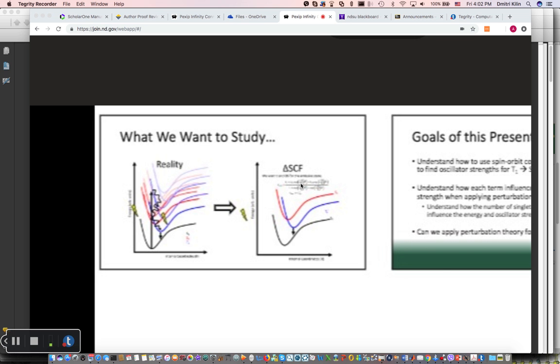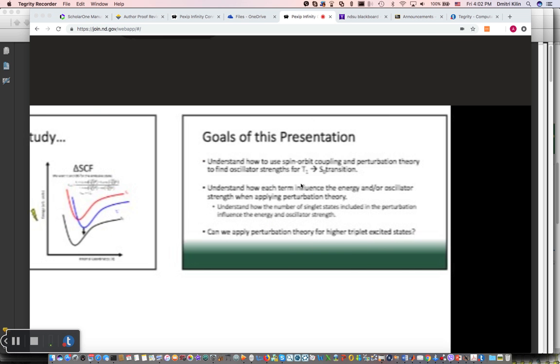So the goal of this presentation is that hopefully after this you understand how to do perturbation to get oscillator strength from T1 to the ground state using spin-orbit coupling and the energy of that, and understand how each one of the terms in the perturbation influences the energy and oscillator strengths.